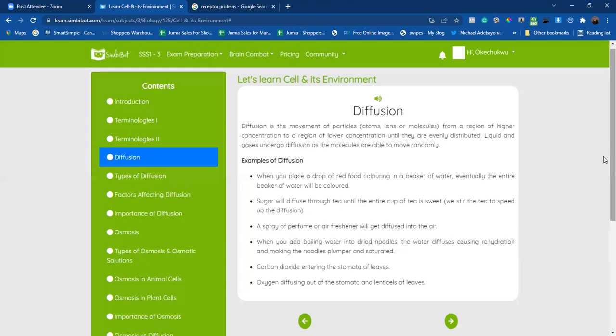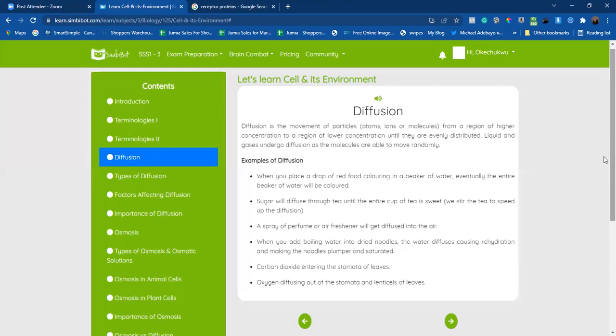So, the movement of particles. The particles can be atoms. The atom is the smallest unit of an element, just like the cell is the smallest unit of life. Ions have charges. Molecules are a combination of atoms.